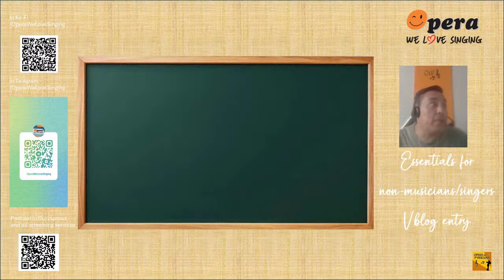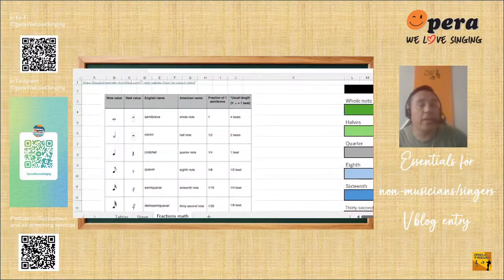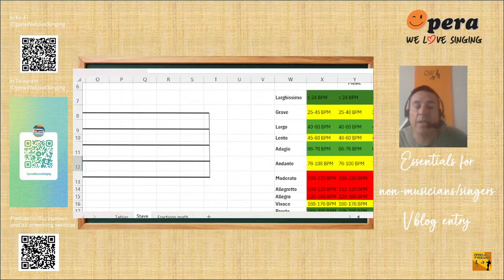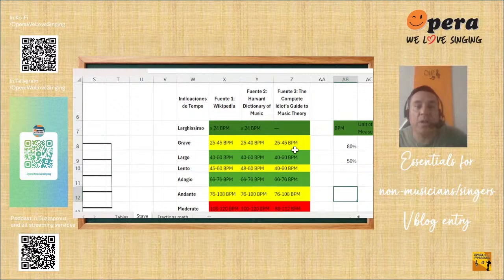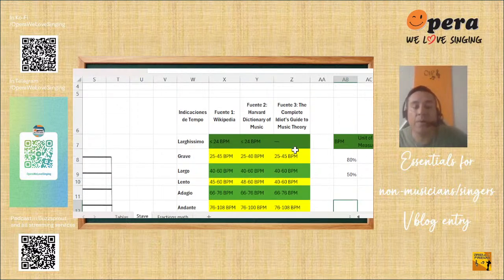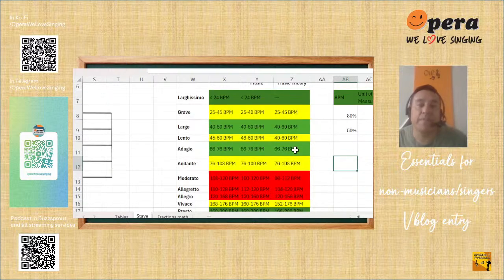So let's get down to business and let me put on the screen again the beautiful Excel file that we are building together. And continuing, just to give you a quick glance at what we were looking at last week, we started talking about the tempo and how there is a very discretionary range in the number of beats per minute, which we are going to explain next week.